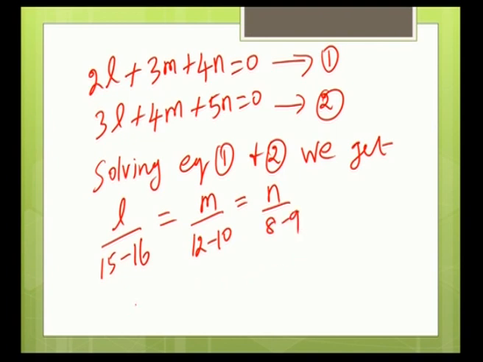Further simplification gives l by minus 1 is equal to m by 2 is equal to n by minus 1, or l by 1 is equal to m by minus 2 is equal to n by 1.